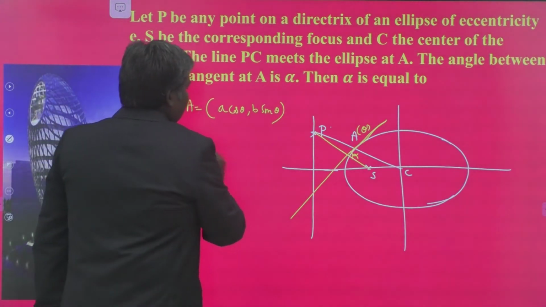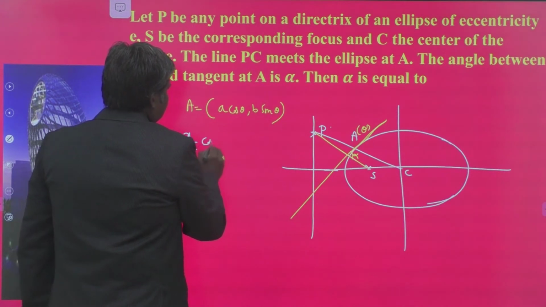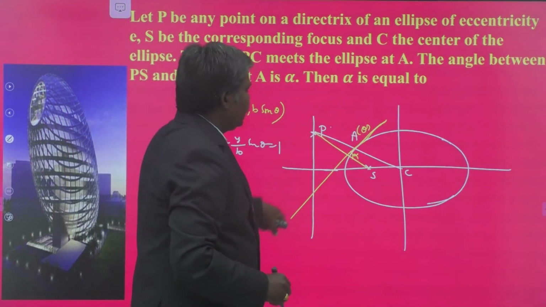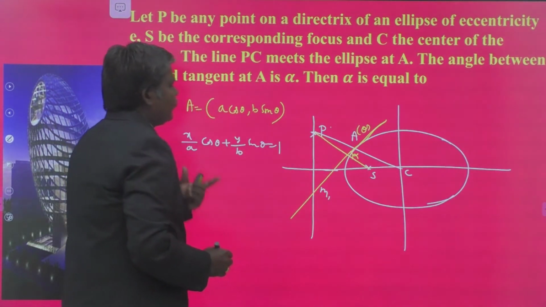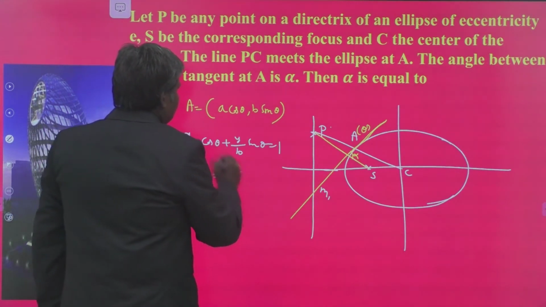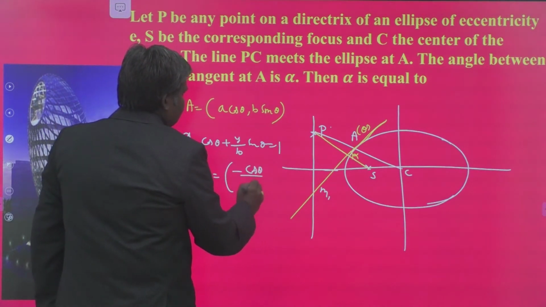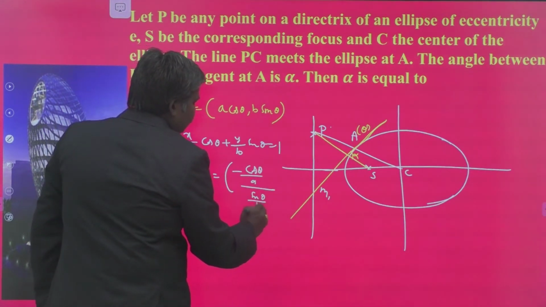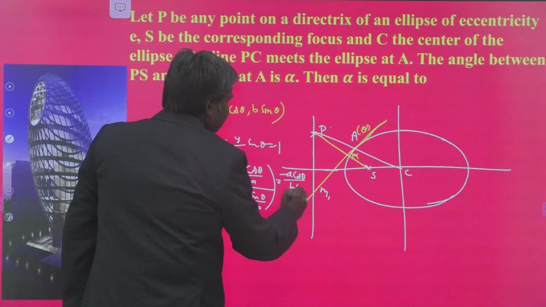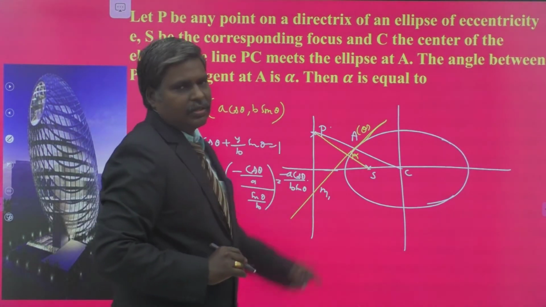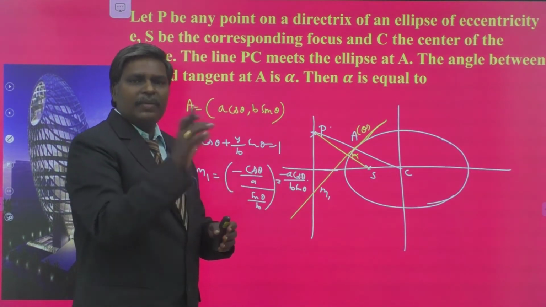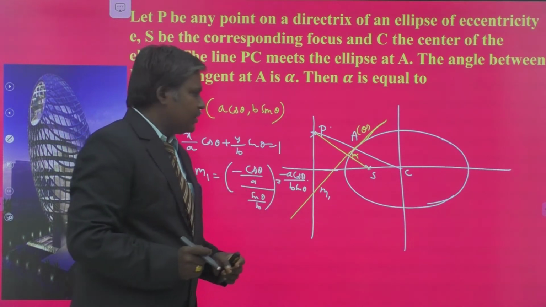It is x by a cos theta plus y by b sin theta equals 1. We take the slope m1 from the line equation itself: m1 is minus x coefficient by y coefficient, that is minus a cos theta by b sin theta. Then find the slope of SP. With both slopes, we can calculate the angle between these two lines.